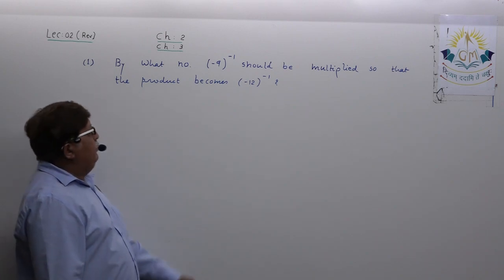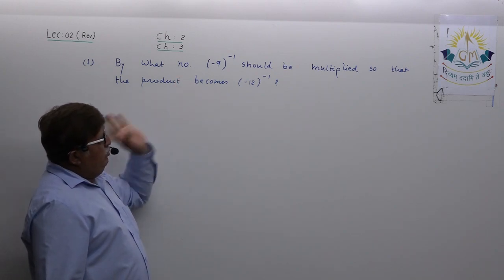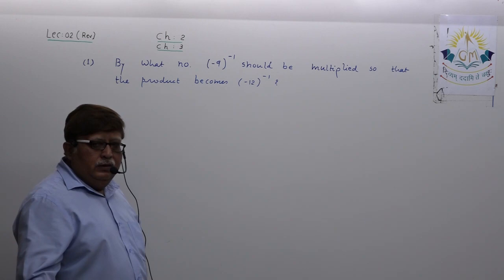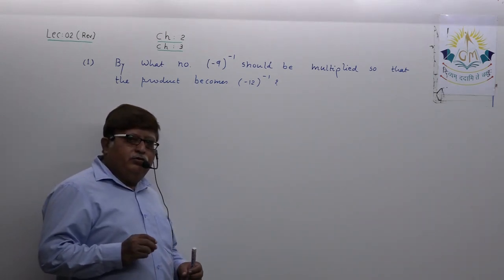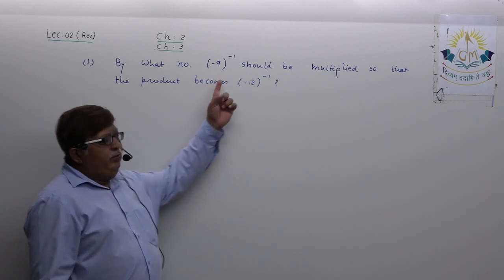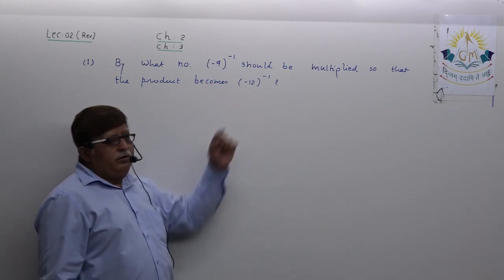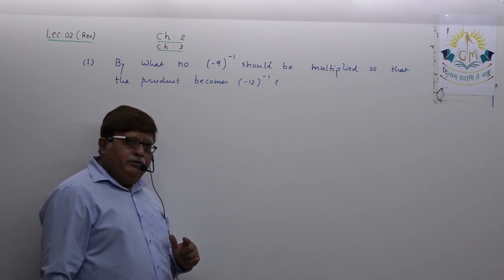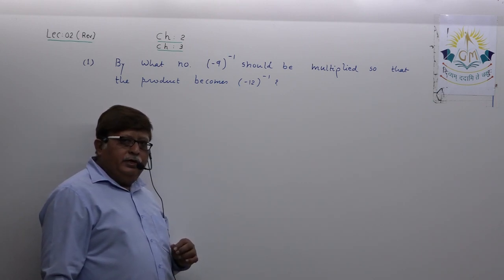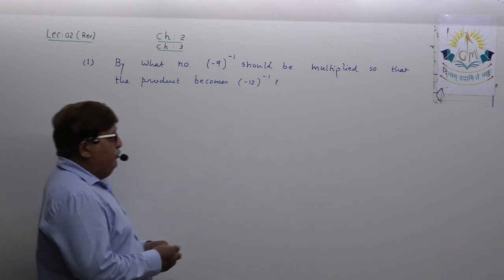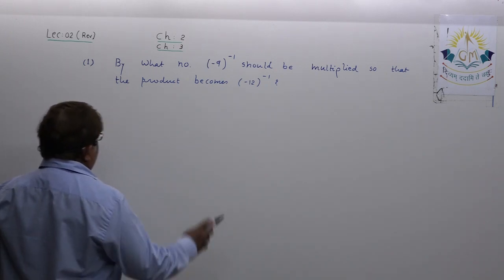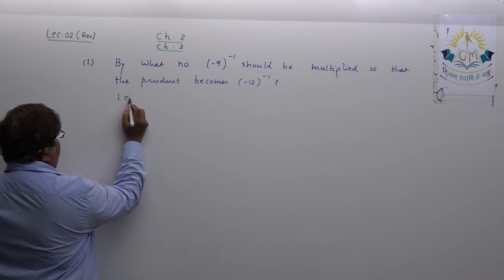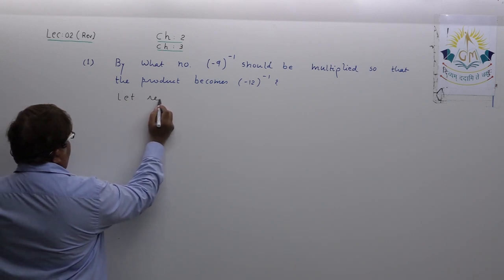Now, dear student, you have to find the number which you don't know, and that particular number which you want to find, when multiplied with this, the result turns out to be minus 12 raised to minus 1. We don't know that number now. So, basic. First, you will write this way.